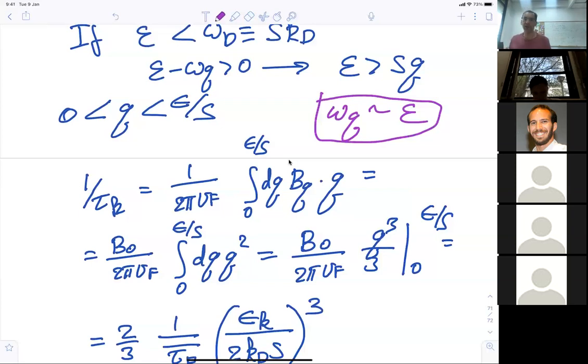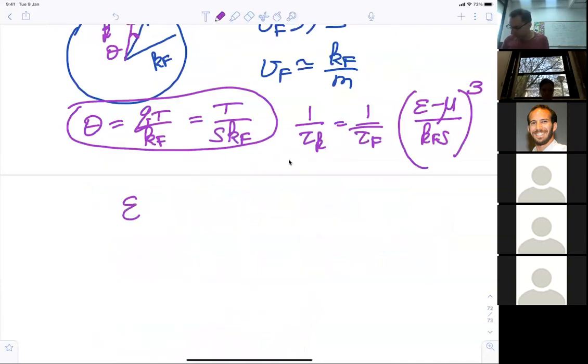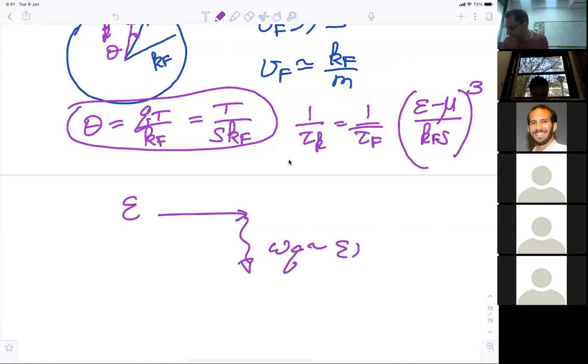So if energy is bigger than omega d pi, then energy equilibration did not happen. If energy is smaller than omega d pi, then it did equilibrate. So essentially the picture is that an electron with energy epsilon emits a phonon with omega q of the order of epsilon k and loses its energy, but retains its momentum.